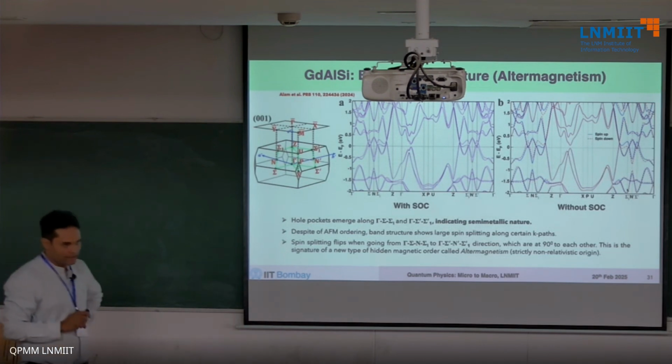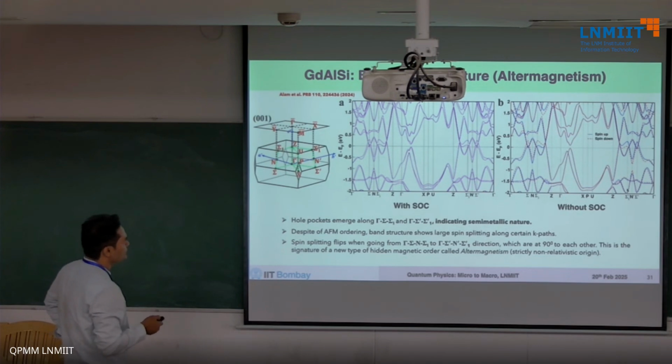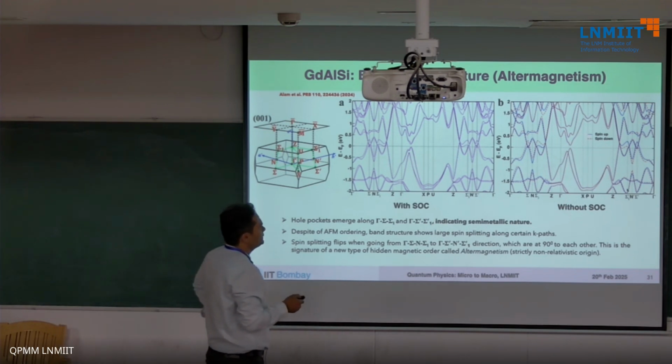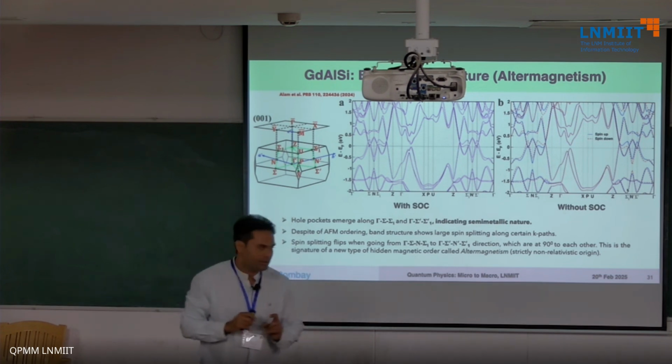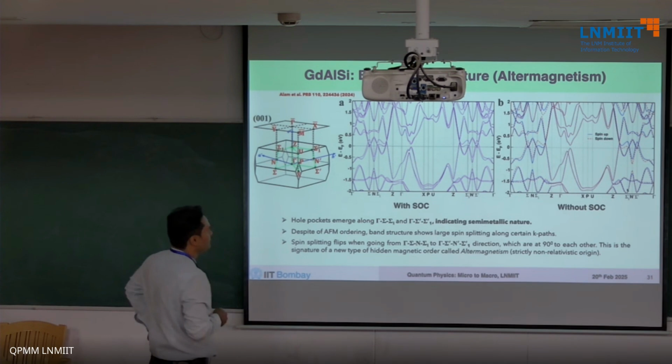So considering that this is most likely to happen in the real material, we took this and proceeded to do the band structure calculations. Now, let us focus on this particular plot, which is the band structure without including spin orbit coupling, which means I can plot the spin up band structure and the spin down band structure, which is shown by the blue and the red line.